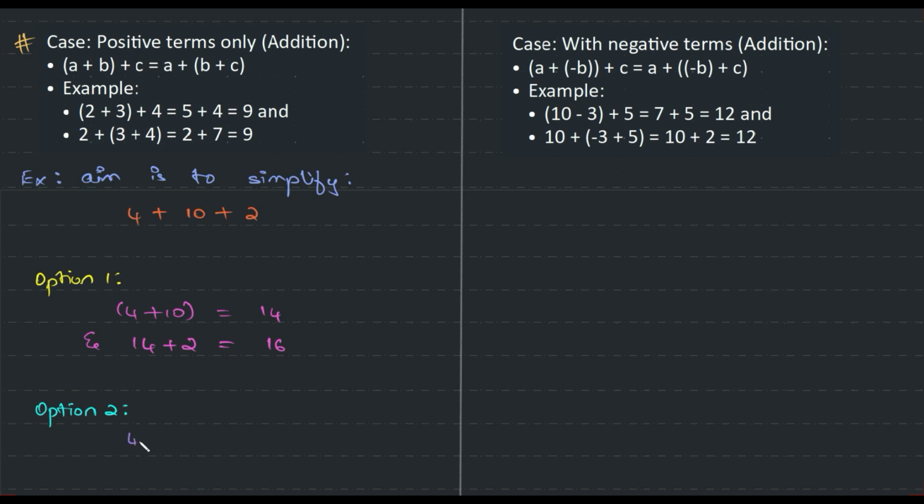We can do 10 plus 2 first. That will give me 12. And then 4 plus 12, oh my bad, I was looking at the wrong question. 4 plus 12, which will give me 16.